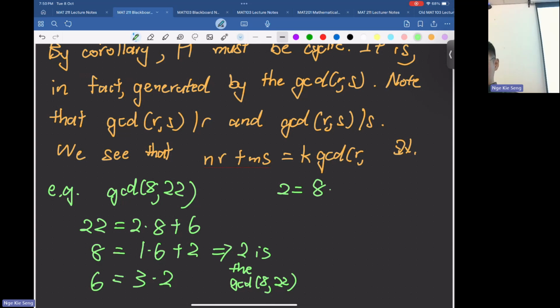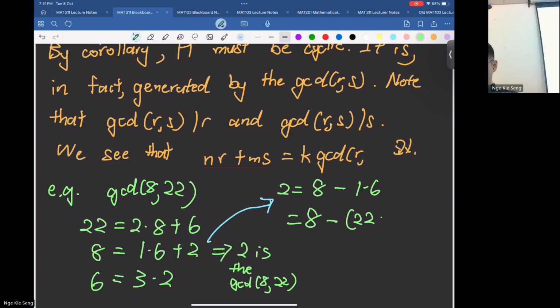How do we do this? We start with this equation, which can express 2. Let's draw some arrows so you know where I'm coming from. 2 equals 8 minus 1 times 6, which is 8 minus what?